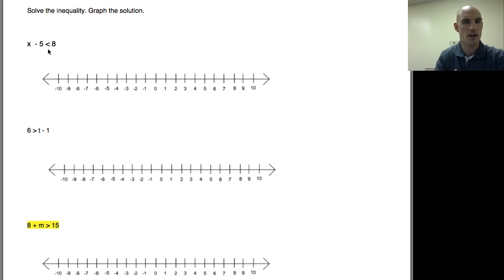And so when I look at this, I still need to get the variable by itself. Okay? And so I'm going to make a 0 pair. Must do the same thing to both sides, right? X is less than 13.